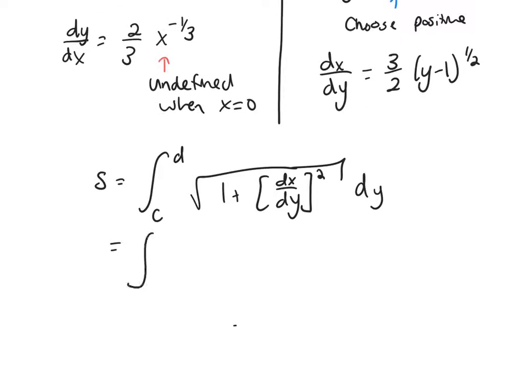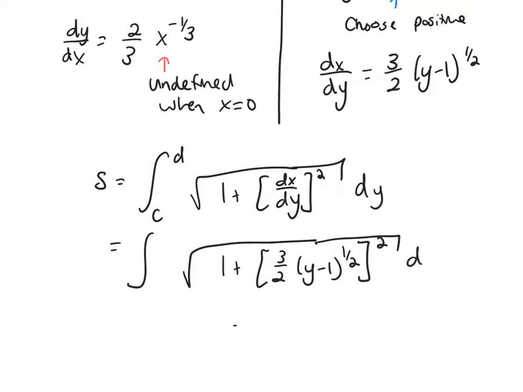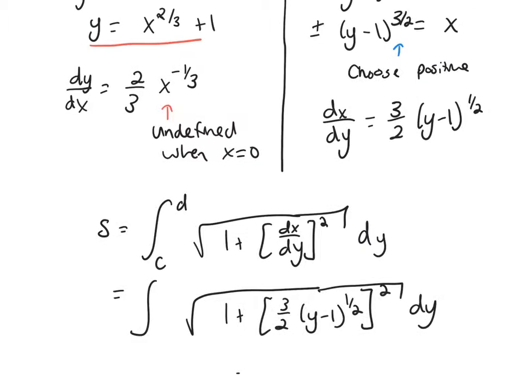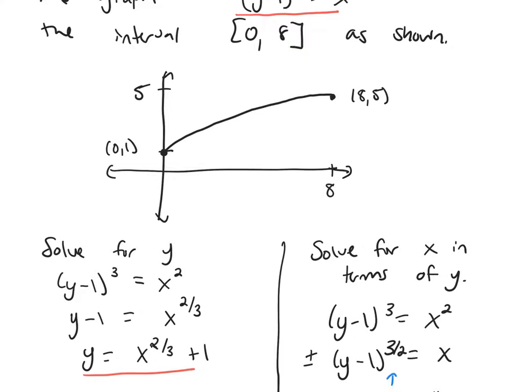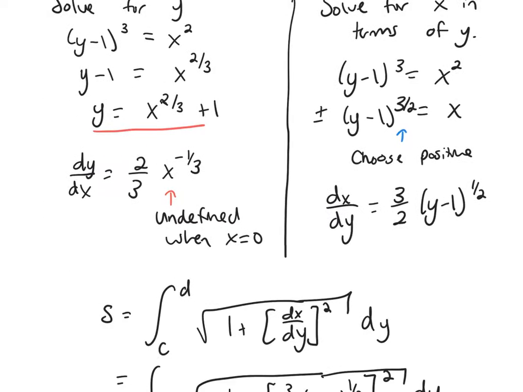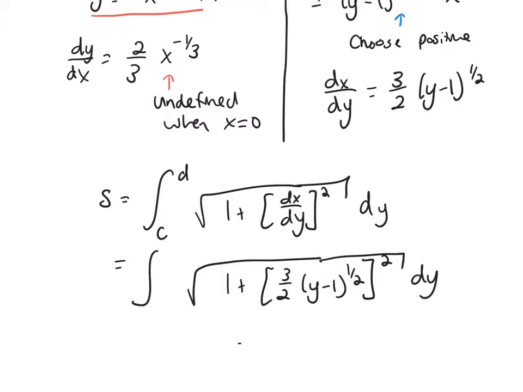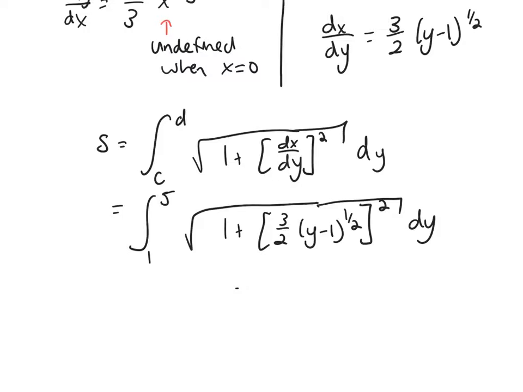So that's the integral of the square root of 1 plus 3/2 y minus 1 to the 1/2 squared dy. To get the bounds on the integral, you have to go back to the graph and look at my range of y values. y went from 1 to 5. So the integral from 1 to 5.